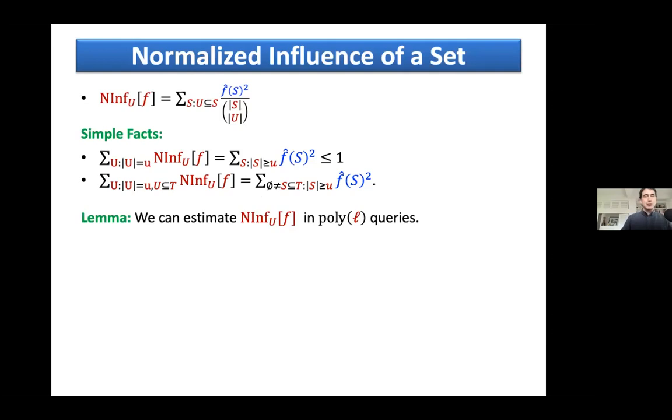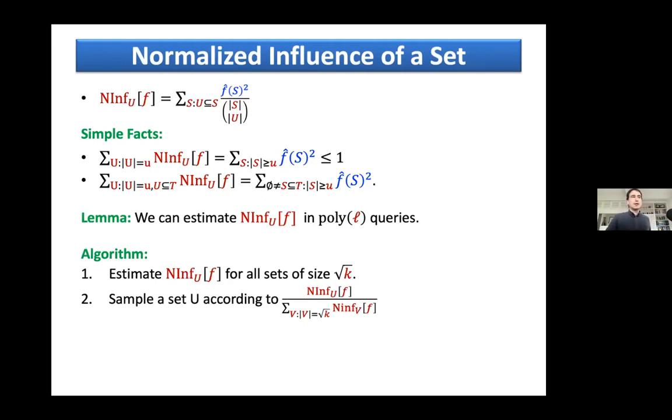Another lemma, which again takes more work, is that we can estimate these normalized influences of sets. And combining these estimates, we can actually sample the set according to these normalized influences.